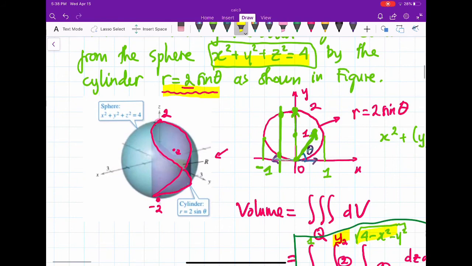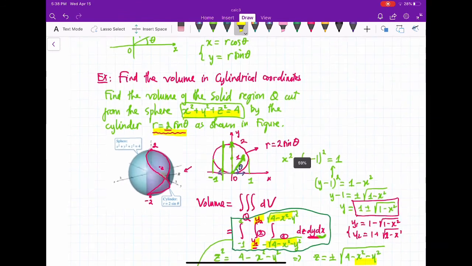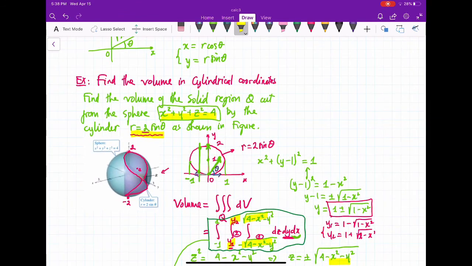Is cylindrical. So that's why we use cylindrical coordinates. Make sense? So I hope that with these two examples, we learn when we need to use cylindrical, when we need to use rectangular, and when we need to use spherical coordinates.